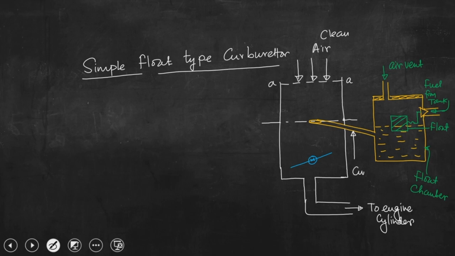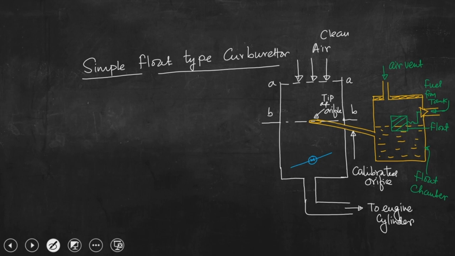So, this is a calibrated orifice, and this is the tip of the orifice. Okay. And so, this is section BB.